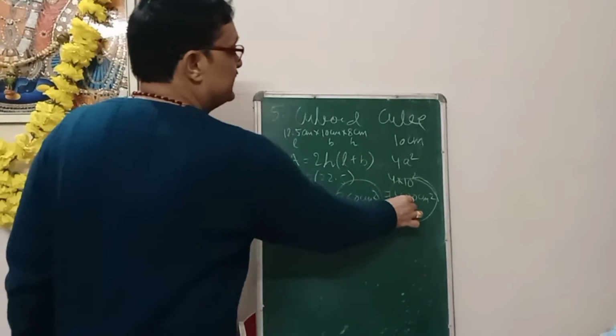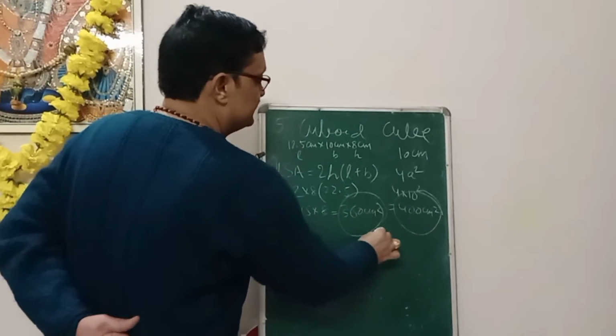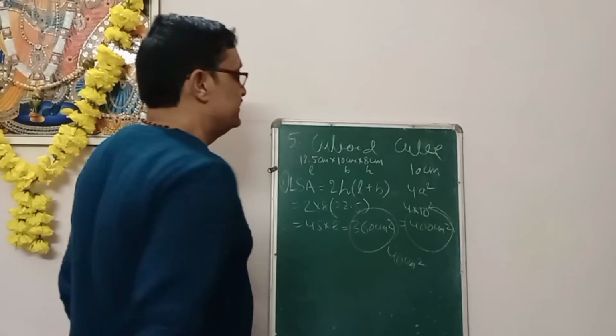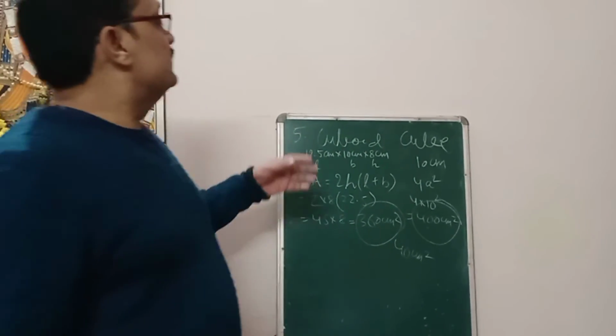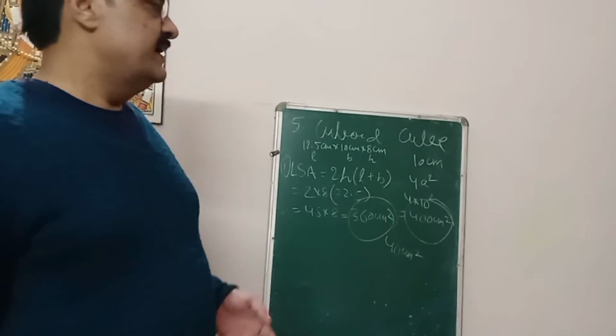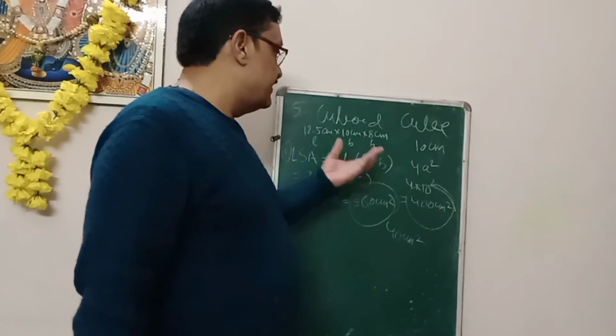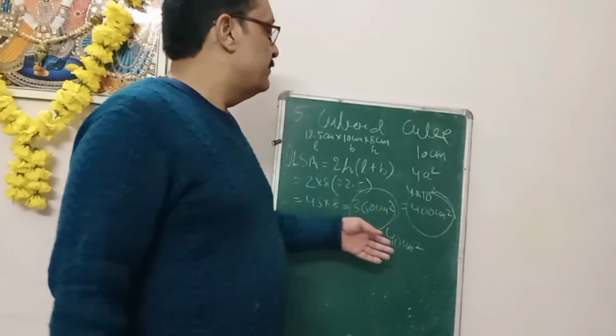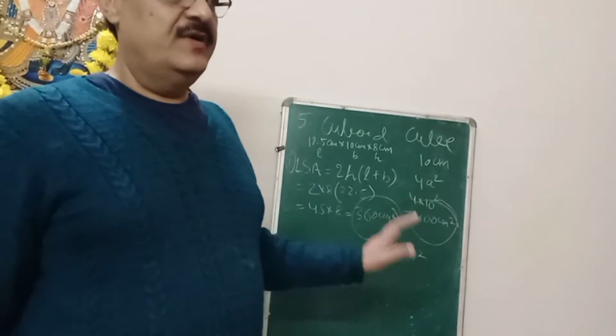The difference is 400 minus 360, 40 centimeters square. So the cube has greater LSA than the cuboidal LSA by 40 centimeters square.